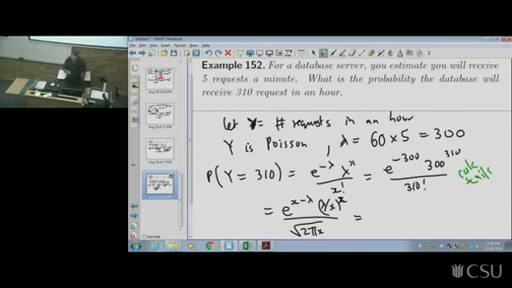And so in this case, that'd be e to the power of x minus lambda, where x is 310 minus 300, which is easy. Lambda is 300 over 310 to the power of 310, all over 2 pi times by 310.